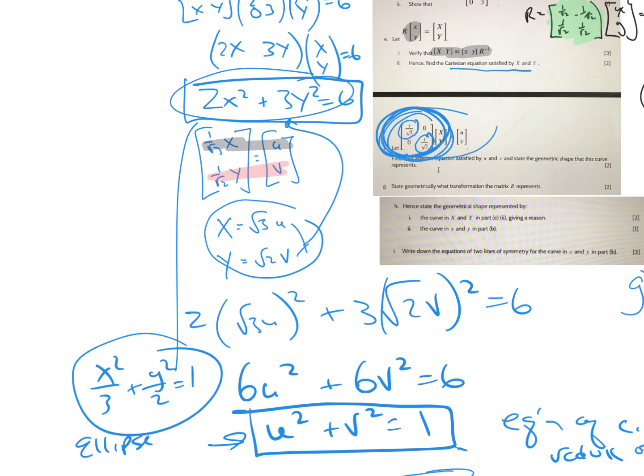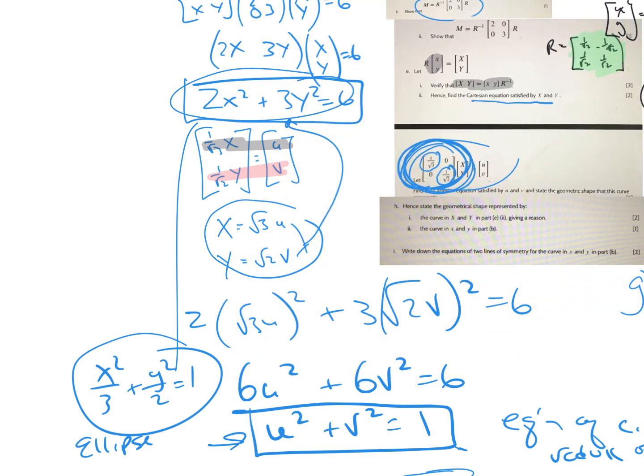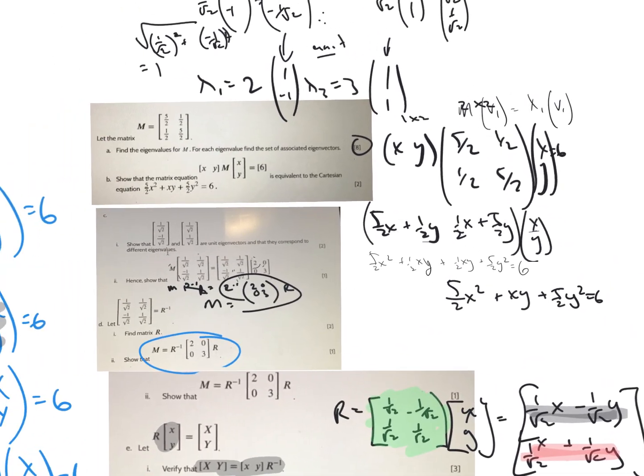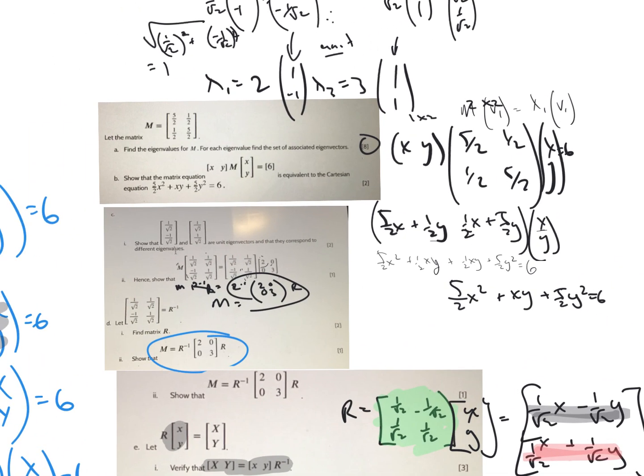So if this is an ellipse, well, going back to part B, the only thing that's happened in this particular thing is it went through a rotation of 45 degrees.